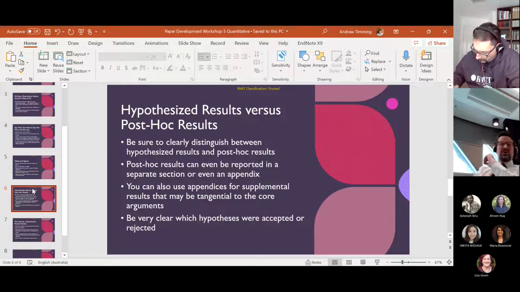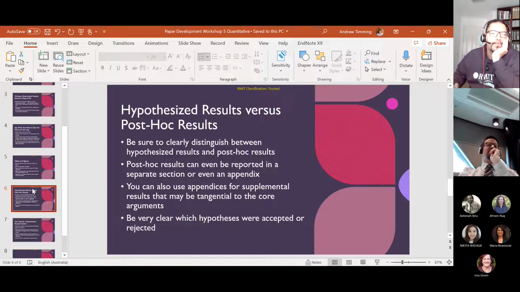Now, I think post hoc results can even be reported in a separate section or potentially even an appendix. You can use appendices for what you might call supplemental results that may be tangential to the core arguments. I've seen far too many quantitative analyses that go on forever and ever, it seems.